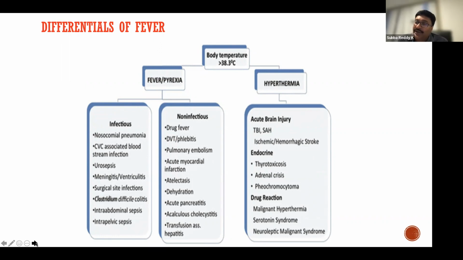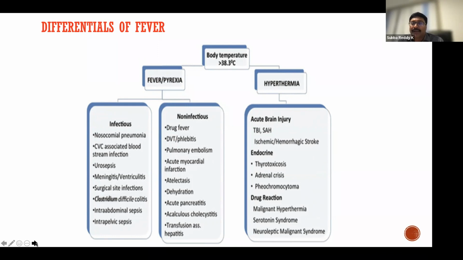Again, you can divide non-infectious hyperpyrexia into with shock and without shock. With shock, thyrotoxicosis and adrenal insufficiency can cause shock.